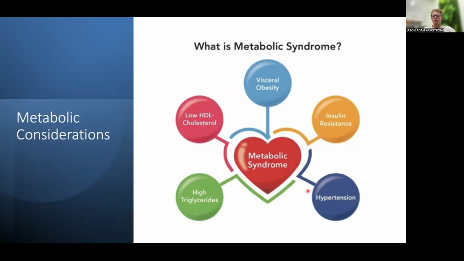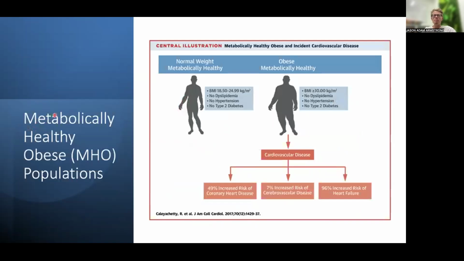And this led us to metabolically healthy obese populations. So theoretically, you could have someone who is obese, right? A BMI of greater than 30, but no dyslipidemia, no hypertension, and no insulin resistance. Okay. And for a minute, we found this population and we sort of thought, whoa, so what do we do with the metabolically healthy obese population?